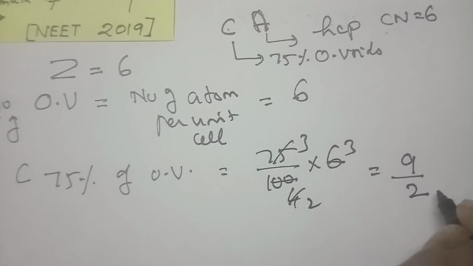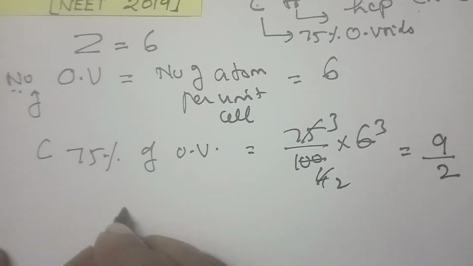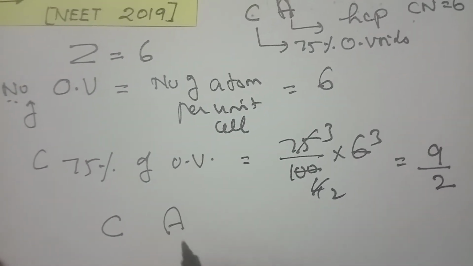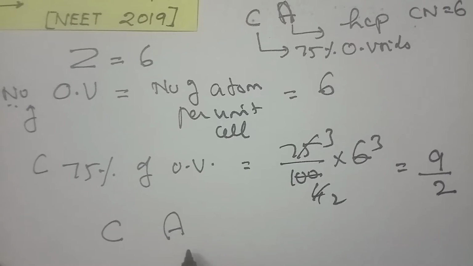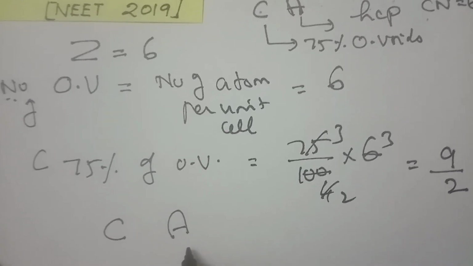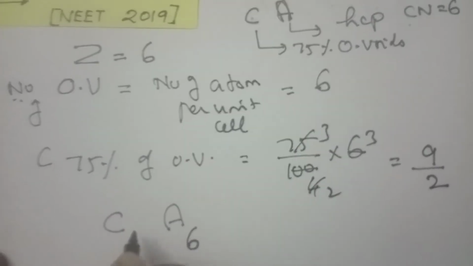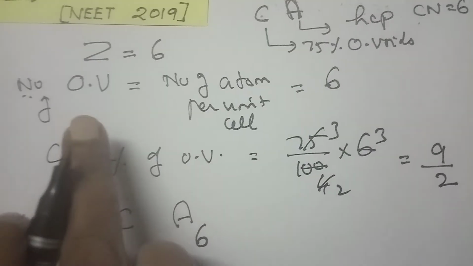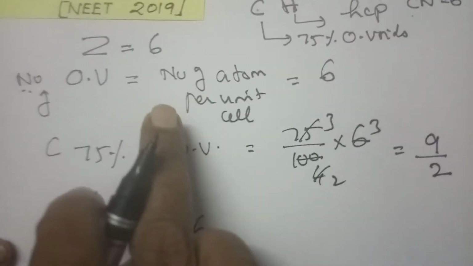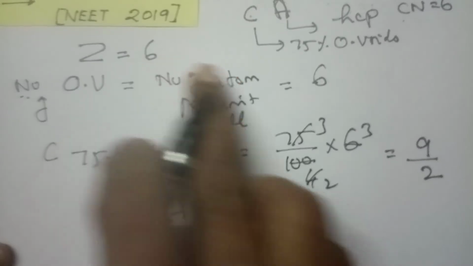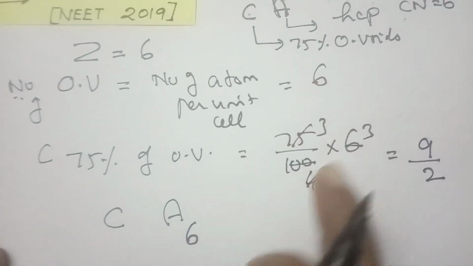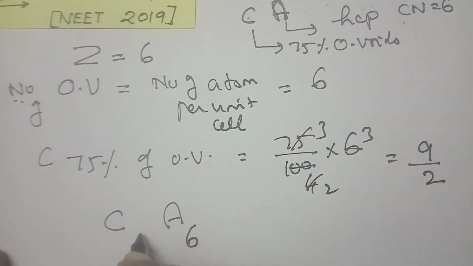This is for the cation. Now let me write the formula. First write cation, anion. For the anion, HCP packing, so it should be 6. Cation is 75% of the octahedral void, the octahedral void is equal to Z, that is 6. Out of 6, 75% is 9 by 2.